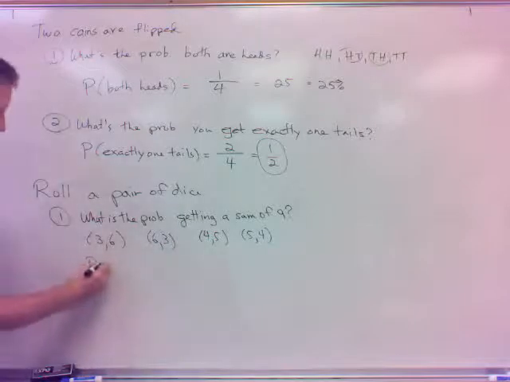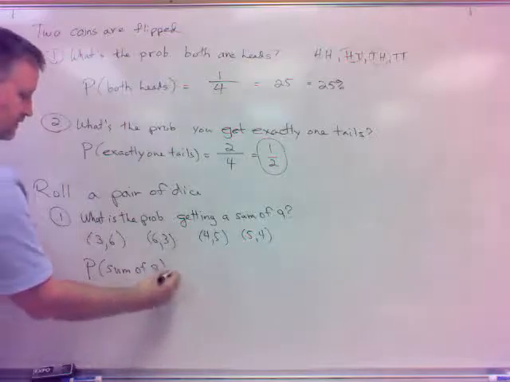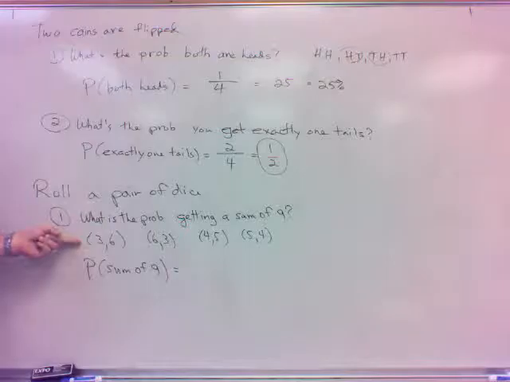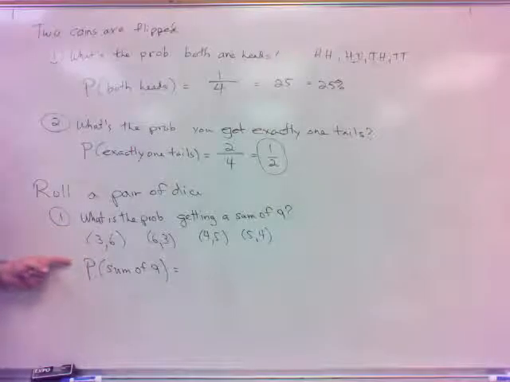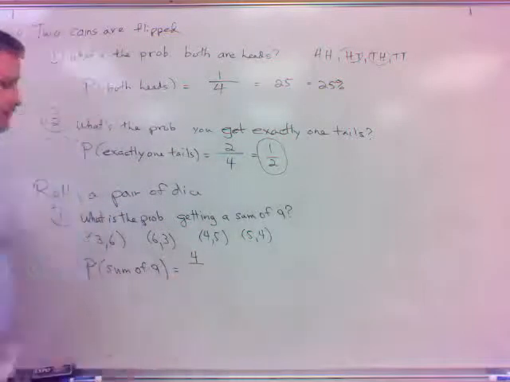So the probability that we get a sum of 9, which brings up a little thought I had in the counting chapter. We talked about how many there were. Now we're talking probability, so what that changes is now we're talking a fraction, right? We're still counting how many there are, which is 4, but we also want to divide that.